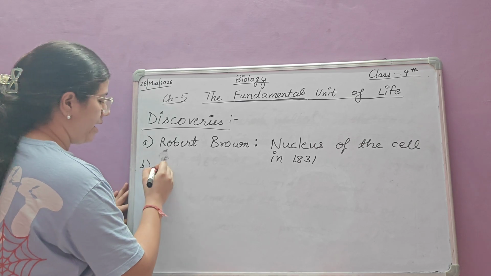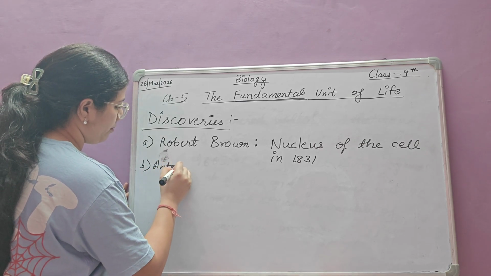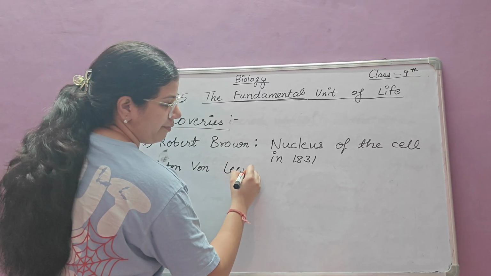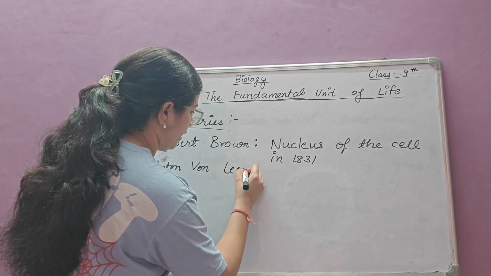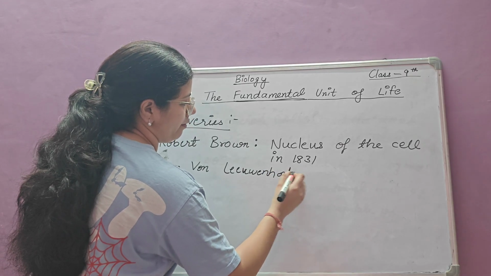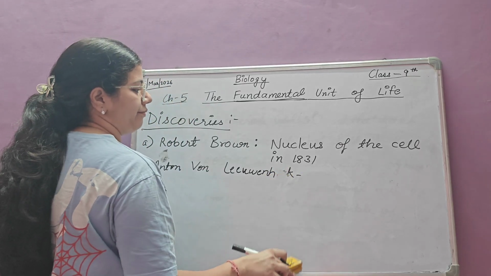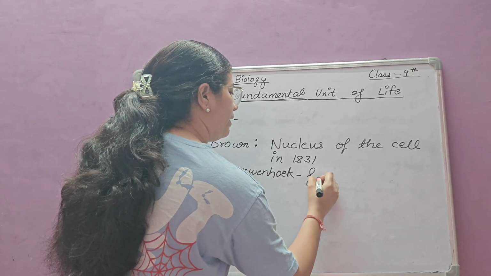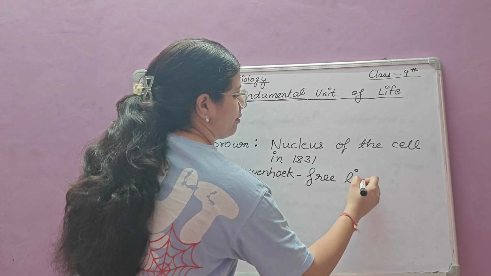Okay. Now, the second scientist is Anton von Leeuwenhoek. Let me write the spelling. Leeuwenhoek. It is OE. So, what did he discover? Free living cells.